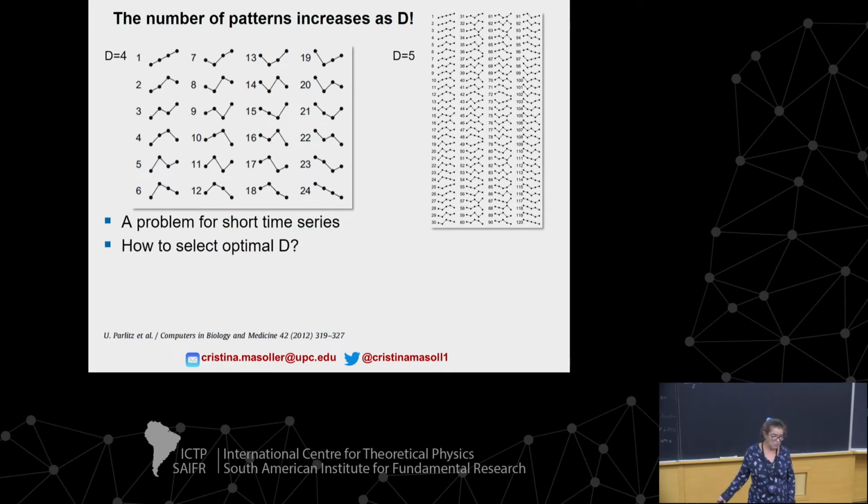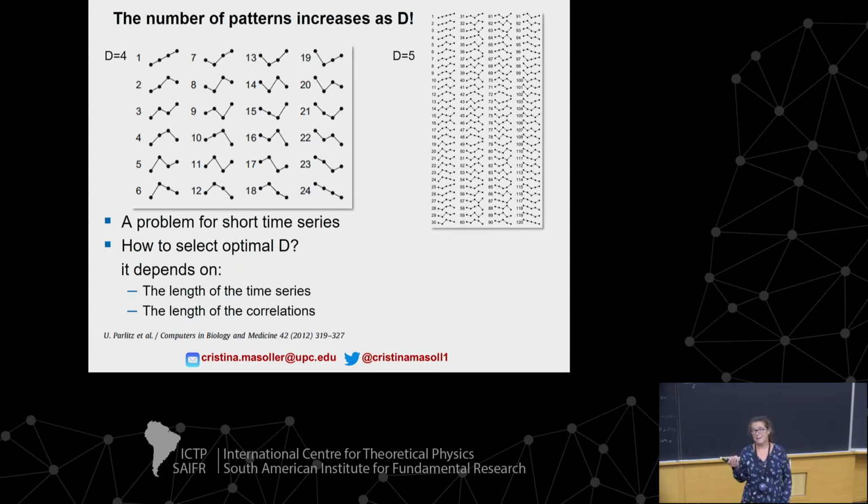So how to select this hyperparameter that you need to fix to use this technique? Well, it depends, of course, on the length of the data. There's no sense in analyzing long words with many possibilities if you don't have enough data to decide whether this pattern occurs or does not occur, only because your data is not long enough. And the other is the length of the correlations. So that's also an important consideration.